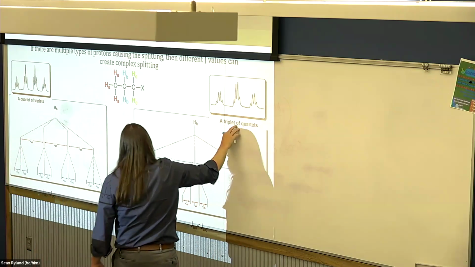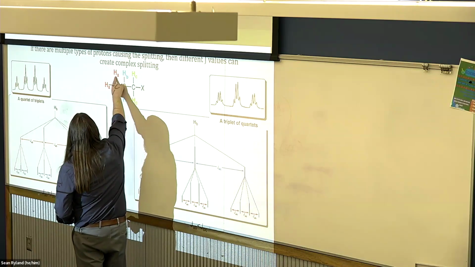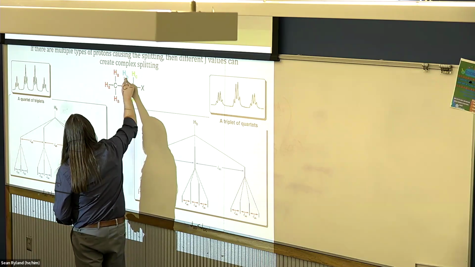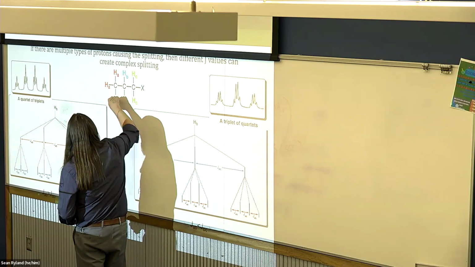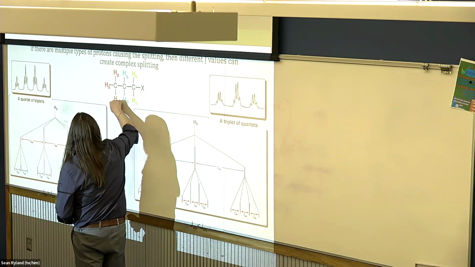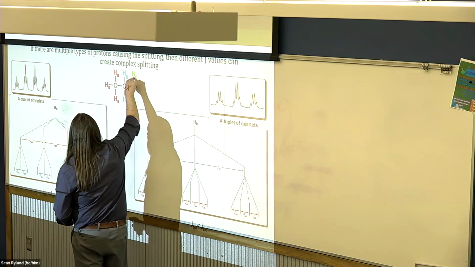If we have a high enough resolution, though, we'll actually see it turn into a quartet of triplets or a triplet of quartets. If we ignore the green ones, there's coupling between A and B that's going to give us a quartet, because that's 3 nearest neighbors. But if we ignore the red ones and just look at B and C, that would give us a triplet.